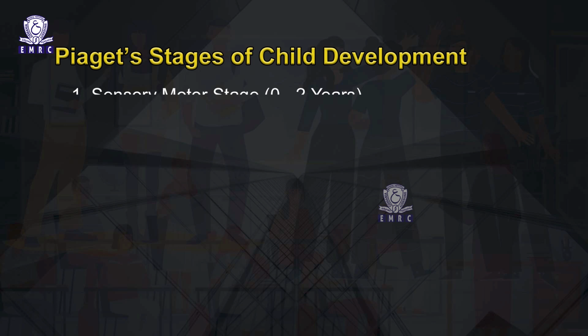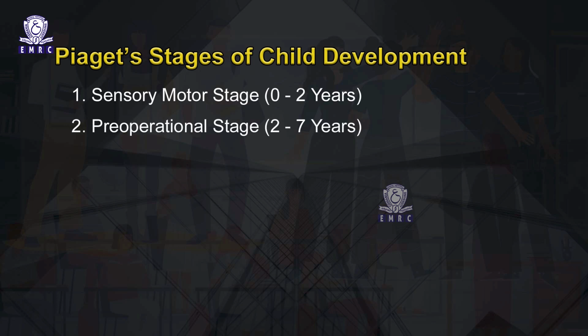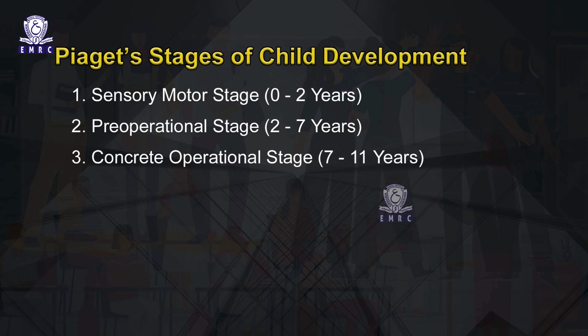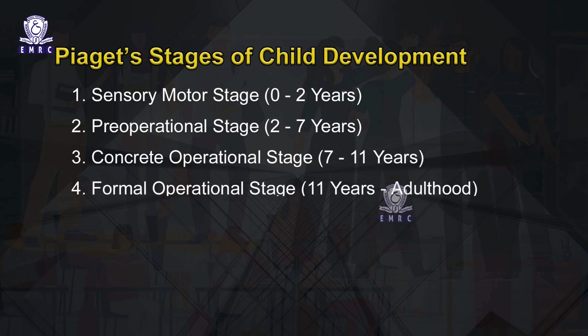The four stages of Piaget's theory of cognitive development are the sensorimotor stage, pre-operational stage, concrete operational stage and formal operational stage. Each of these stages has major cognitive tasks which must be accomplished. In the sensorimotor stage, the mental structures are mainly concerned with mastery of concrete objects.